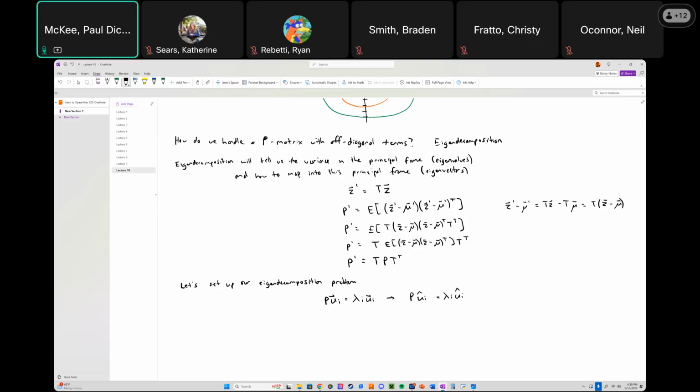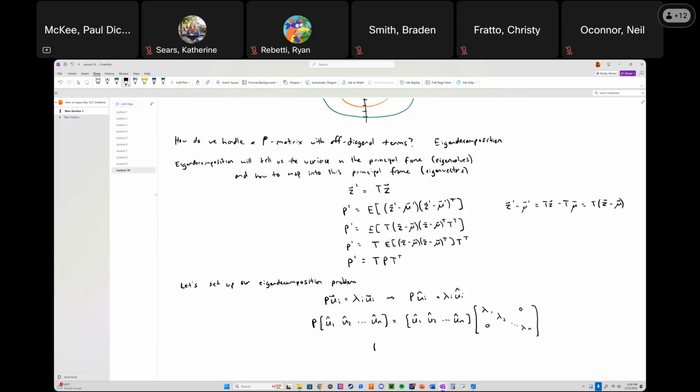So you can say that P multiplied by some unit vector 1, some unit vector 2, all the way out to some unit vector n is equal to, so now this is going to become a matrix. That's the same as unit vector 1, unit vector 2, all the way out to unit vector n, multiplied by a matrix of eigenvalues, lambda 1, lambda 2, all the way down to lambda n, with zeros on the off diagonal.